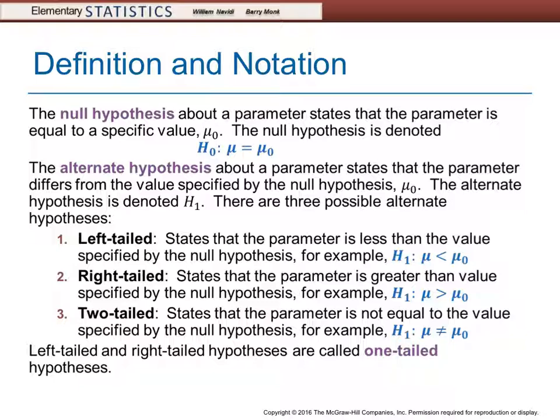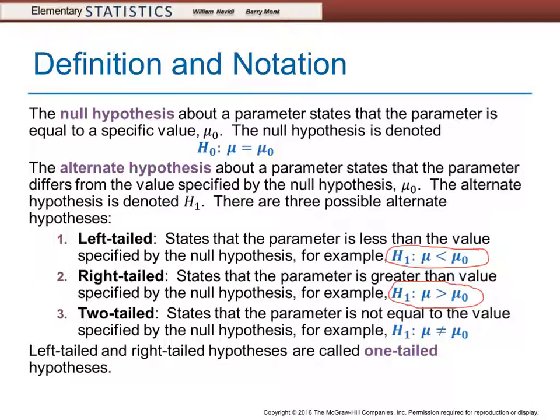There are three possible alternative hypotheses. A left-tailed test, where H1 is such that mu is less than mu naught. A right-tailed test, where H1 is such that mu is greater than mu naught. This states that the parameter is greater than the value specified by the null hypothesis.